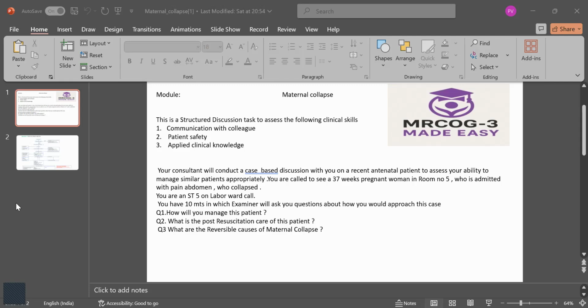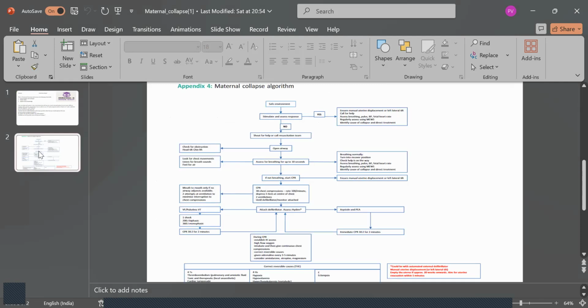First I would make sure that the woman is in a safe environment. Then I would stimulate and assess if the woman is responding. If she is responding, then the patient is turned onto the left lateral position, because she's pregnant. Now we have to call for help.